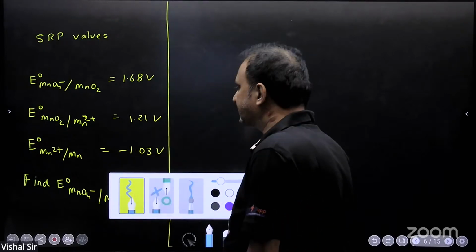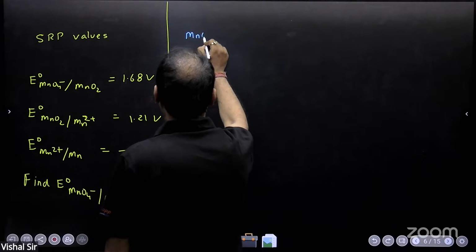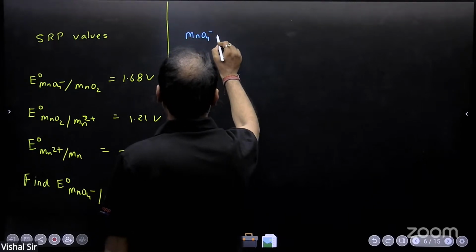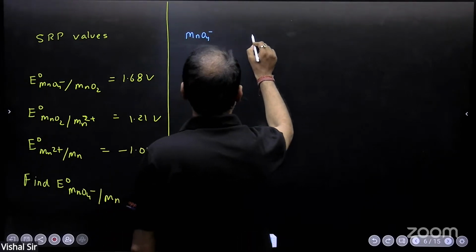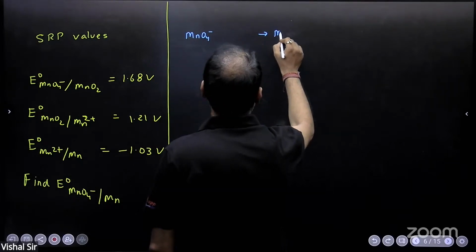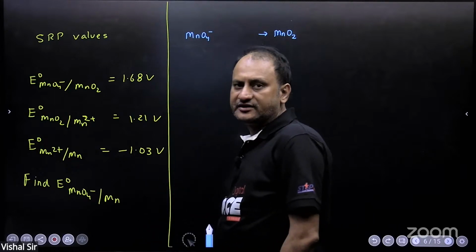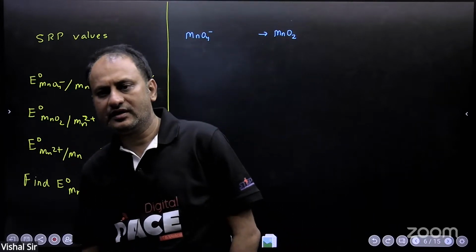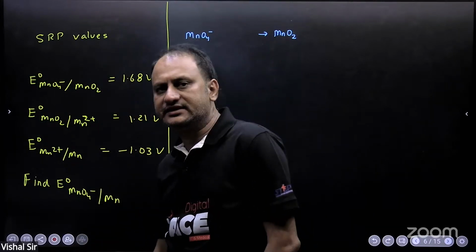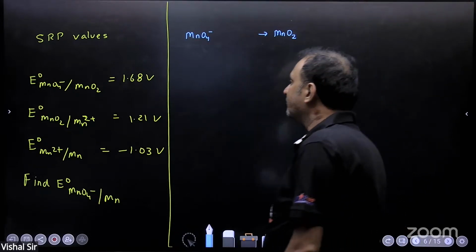So first reaction, MnO4 minus is getting reduced to MnO2. Let's balance it out. What is the oxidation state of Mn in MnO4 minus?